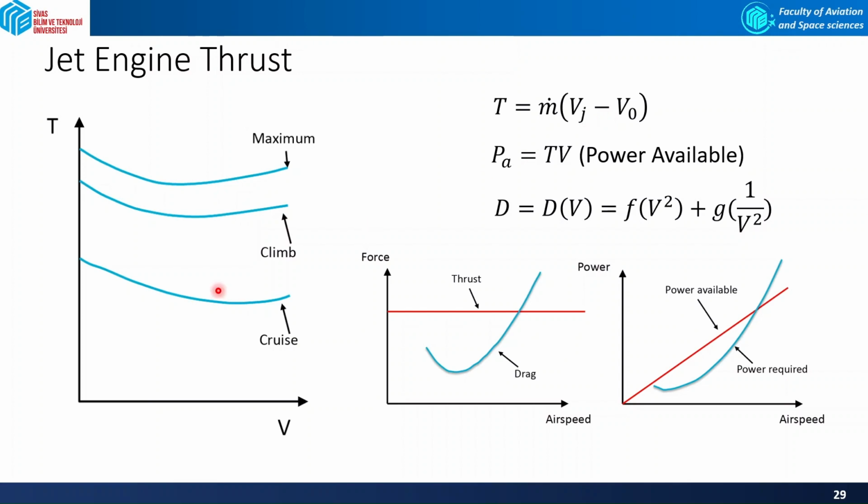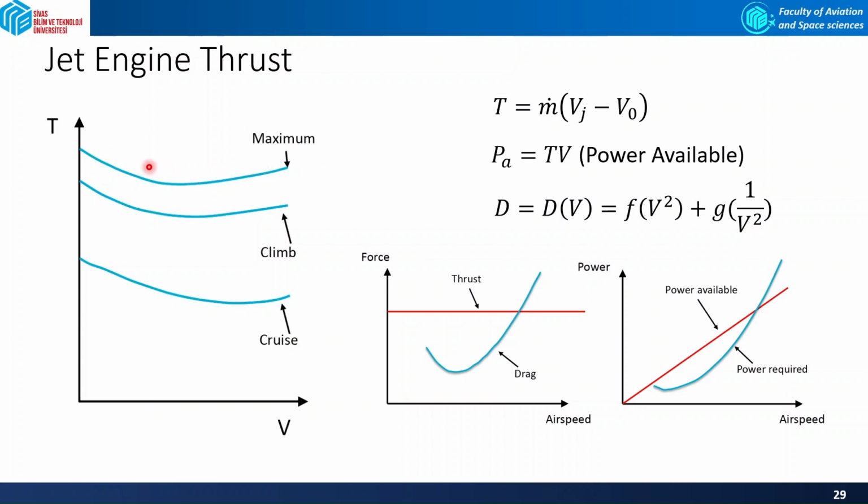So in this picture you see the variation of thrust force with flight speed for a real jet engine, and there are three lines as you see: the maximum thrust, thrust at the climb, and thrust at the cruise. Of course, you can select any of these or in the middle of any of these, but you have to select it below this maximum thrust line.